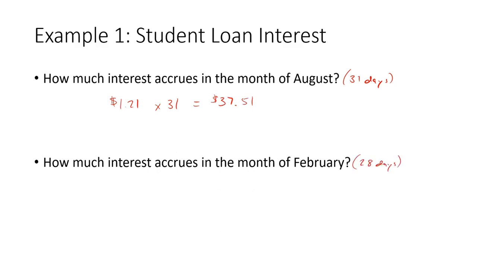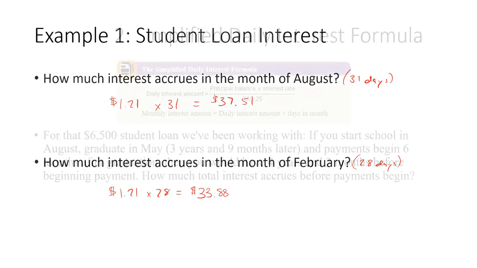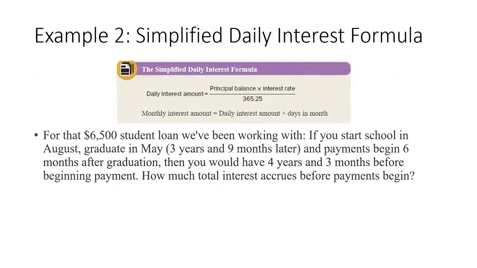And so the amount of interest that would accrue then would be slightly different, 1.21 times 28. And the amount that accrues in February, $33.88. So we can find the daily interest amount by just taking the principal balance and multiplying it times the interest rate and dividing by the number of days in a year. And then we can find the monthly interest by just multiplying by however many days are in that month.